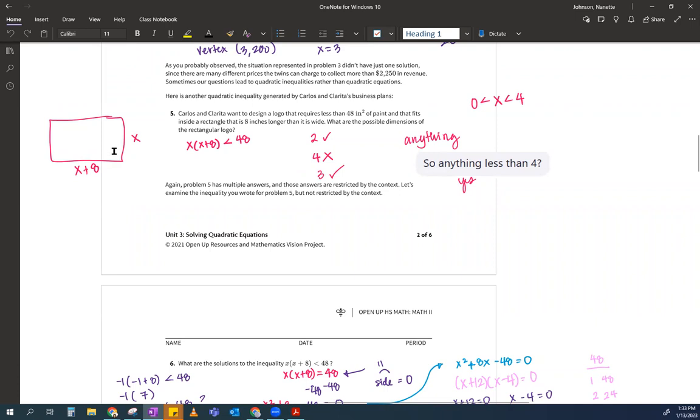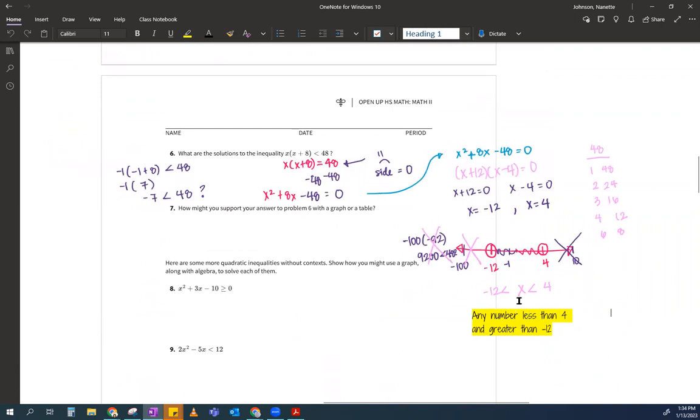Because I can't build you a rectangle with negative side lengths. Does that make sense? Exactly, right? So why would this answer work here, but this answer work here? Because this answer has no context, right? This is a straight equation. And so negative 12 exists on my number line. So it's fine.